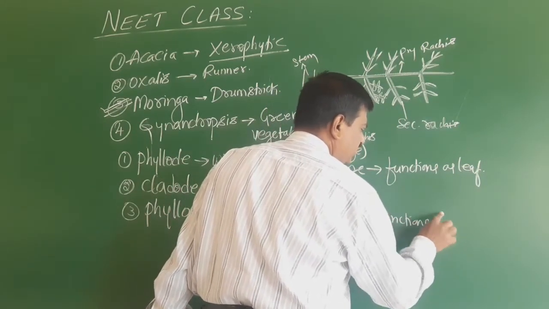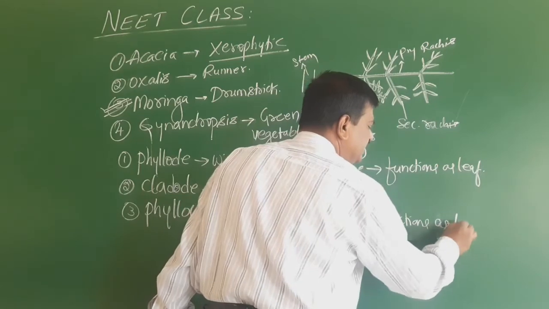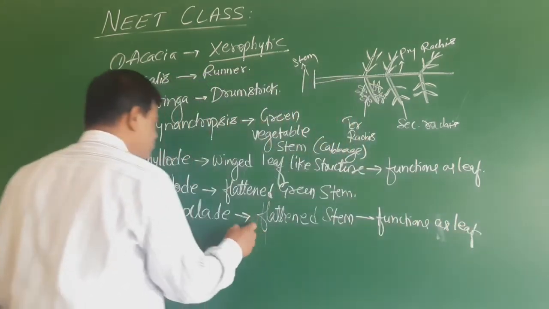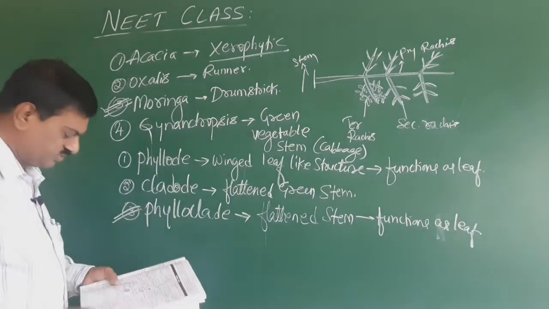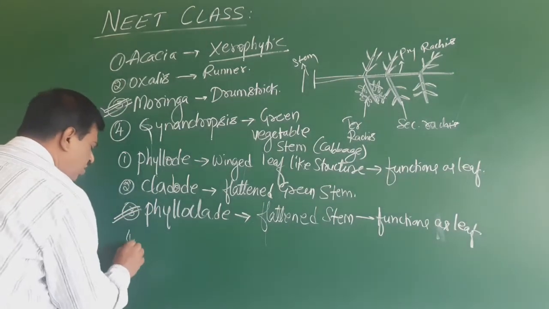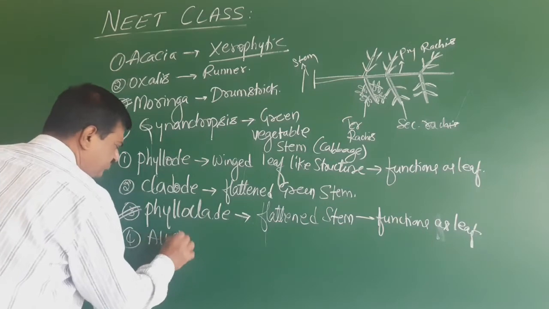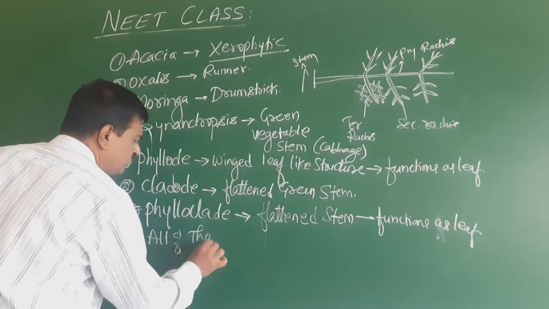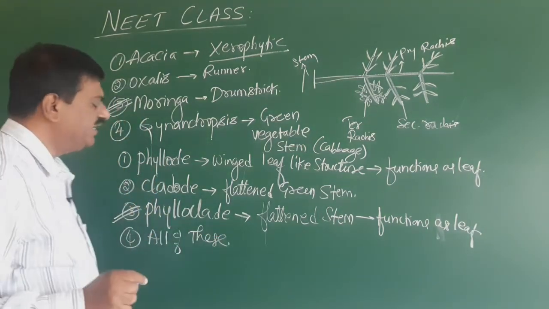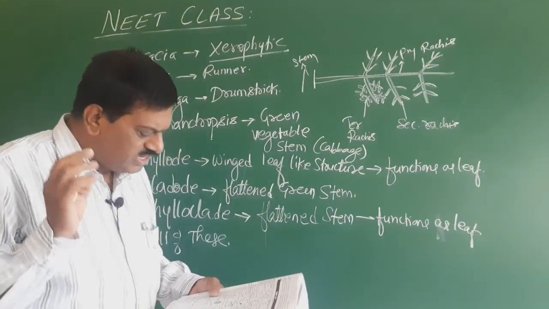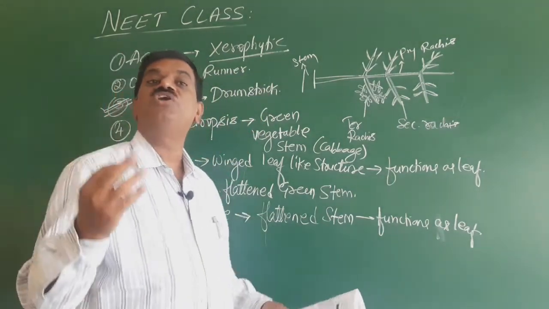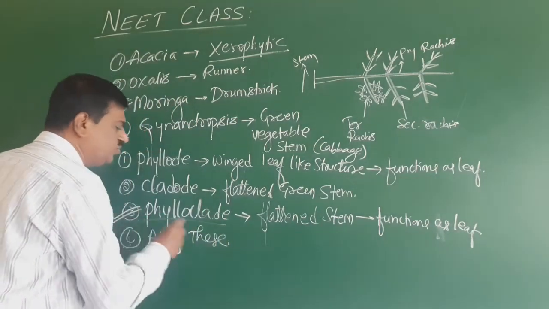So hence it is phylloclade. So phylloclade is the right answer. And the fourth option is all of these. So here the right answer is phylloclade. So leaf-like structures modified into spines are called phylloclade.